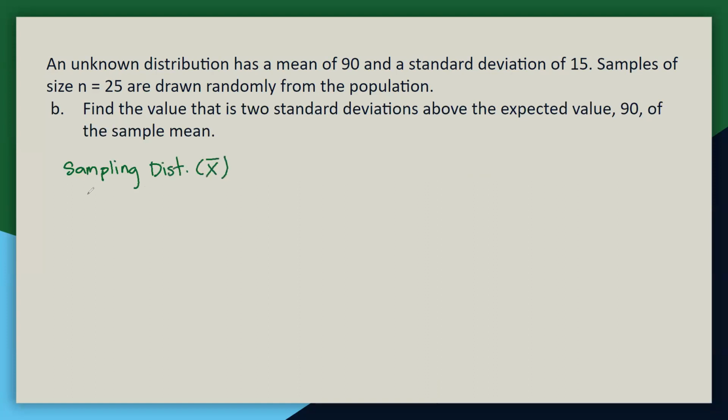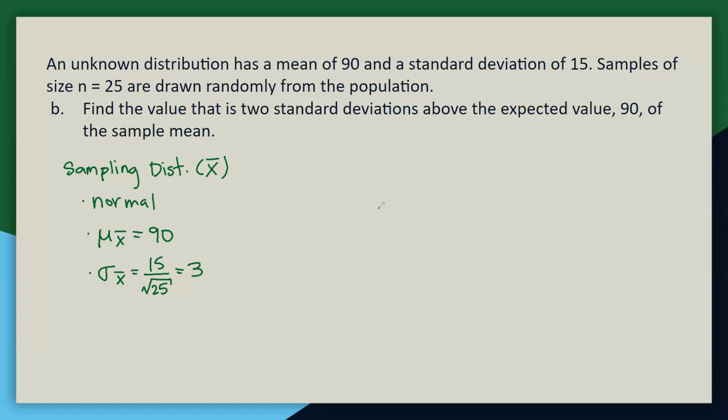For sample means it's a normal distribution. Our mean is the same as the original data, 90. And we found that this was 15 over the square root of 25, raw data divided by the square root of the sample size, which worked out to 3.